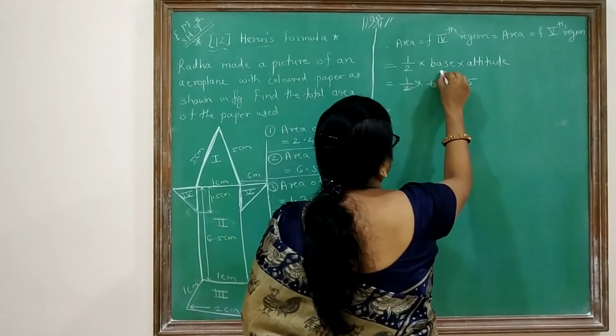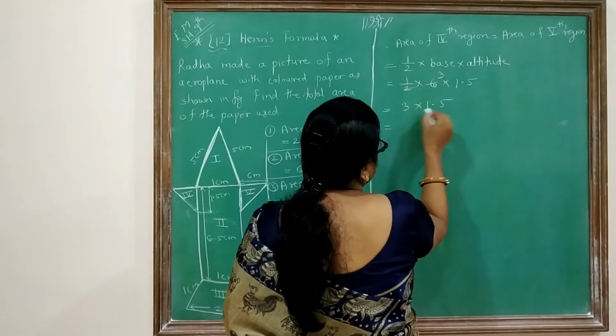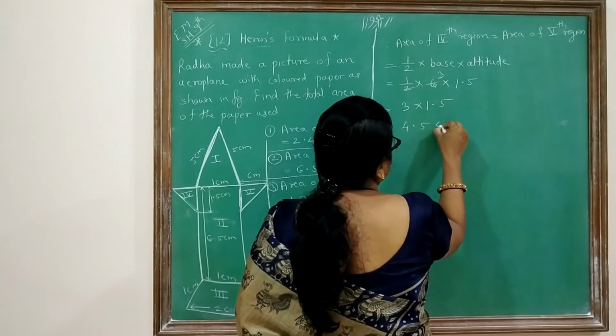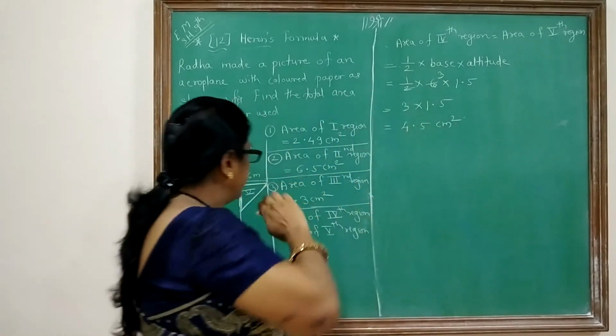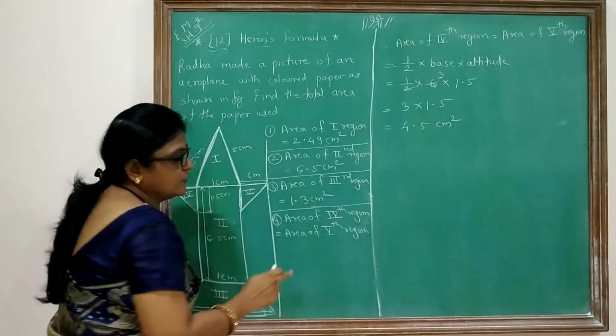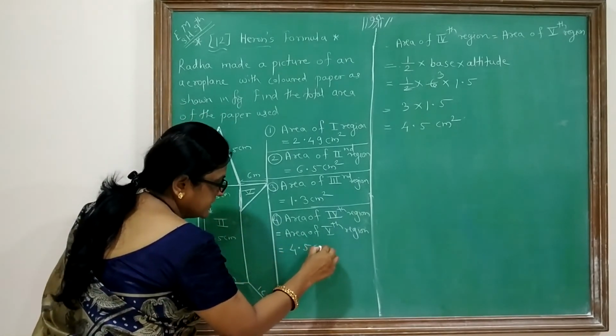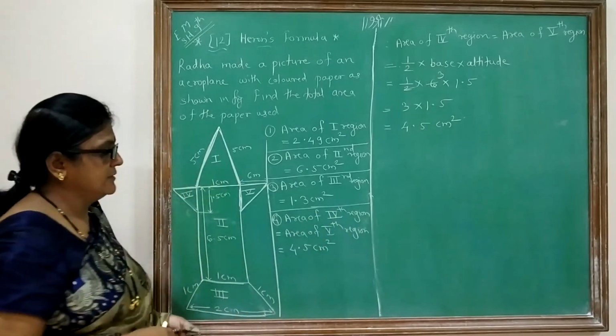Then 2 3s are 6, then 3 into 1.5. Then your answer is 4.5 centimeter square. Means your area of fourth region equal to area of fifth region equal to what? 4.5 centimeter square. Correct?